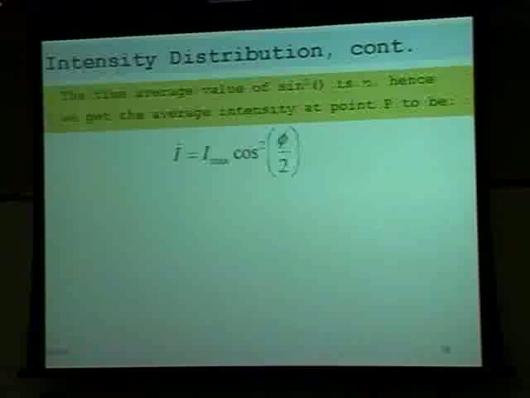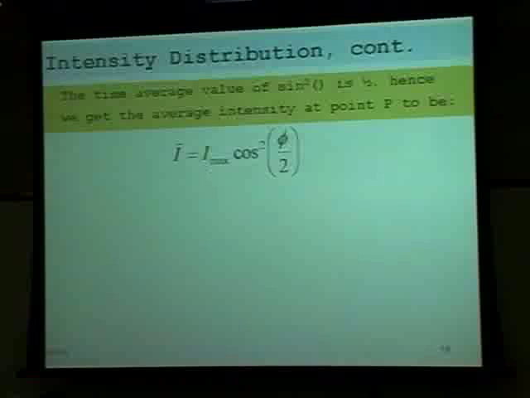So the average intensity would equal some maximum intensity times the cosine squared of phi over 2. And here I'm making a nice modification. I just put an I max in there; before we were just saying it was proportional to.